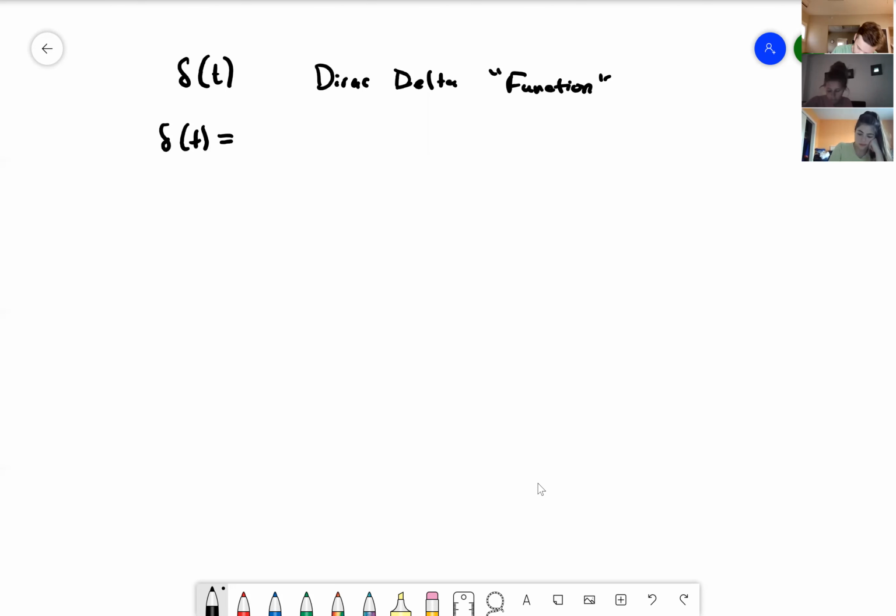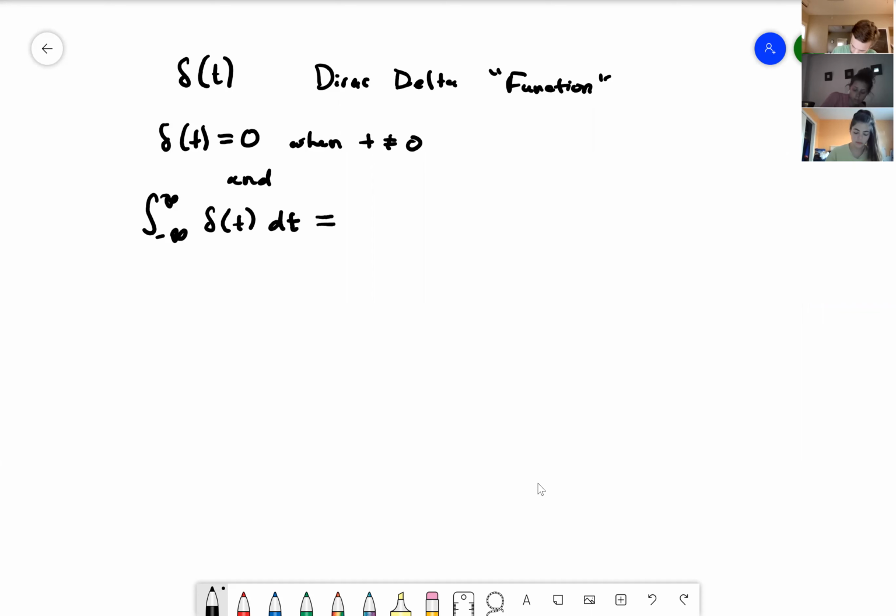Delta t is equal to 0 when t is not equal to 0. And the integral from negative infinity to infinity, I can write it like this. The integral was equal to 1.